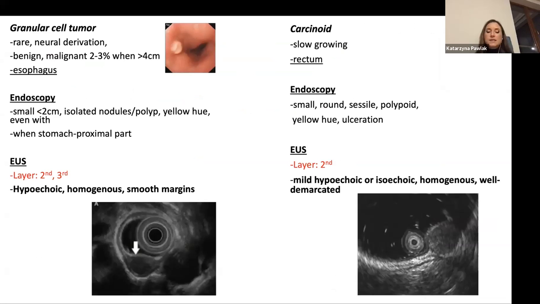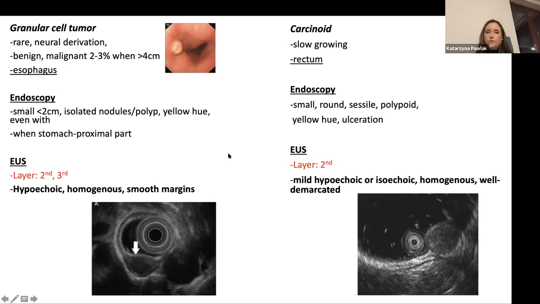Next will be the differentiation between granular cell tumor and carcinoid. These lesions are not so common. Carcinoids are typically located in the rectum, so we cannot observe them as often in the stomach as in the rectum. But granular cell tumors are typically located in the esophagus. Sometimes it's easy to predict the type of lesion based on endoscopic features.